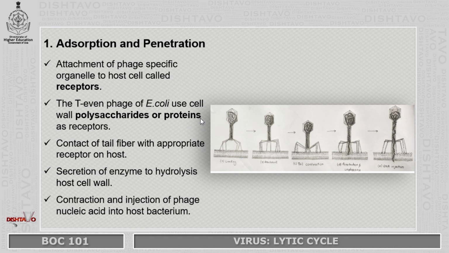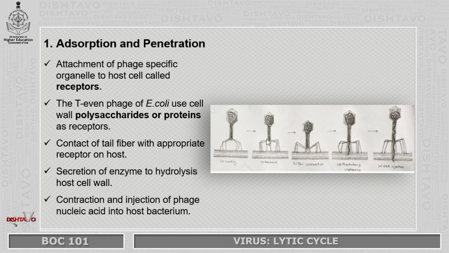Adsorption begins only when the tail fibers come in contact with these receptors. If you look into this diagram, in the first one itself you see some tail fibers attaching onto the surface. First the bacteriophage will land onto the host cell. Initially there will be just two or three tail fibers that come and sit onto the surface.